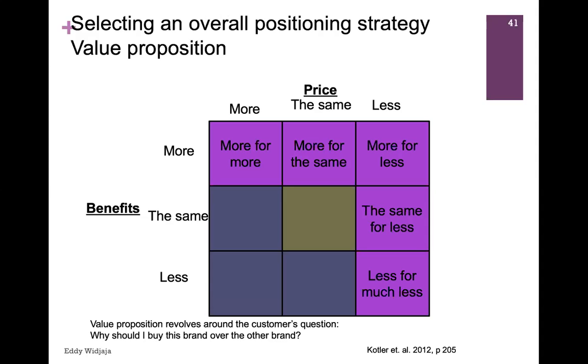Or the $2 shop, as another example. We do not promise to offer higher benefits or the same benefits. We just offer less benefits for much less. So there are some options. Remember, this is just the overall positioning strategy. This is just the overall promise that we want to convey to the consumers.